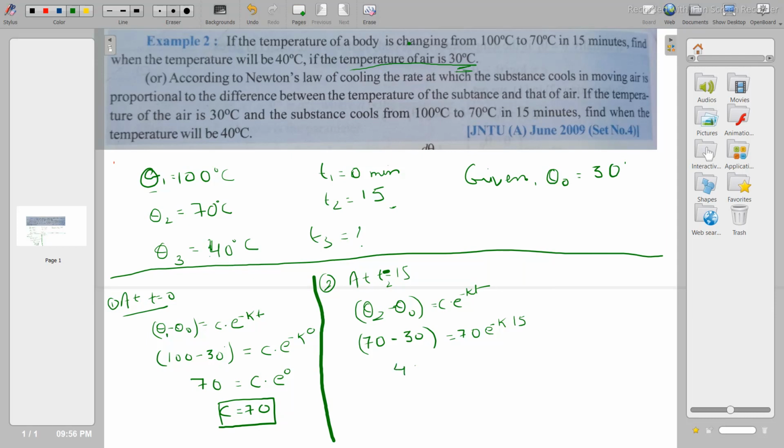Now it will give us 40 is equal to 70 into e power minus 15k. It can be further written as 40 by 70 is equal to e power minus 15k.